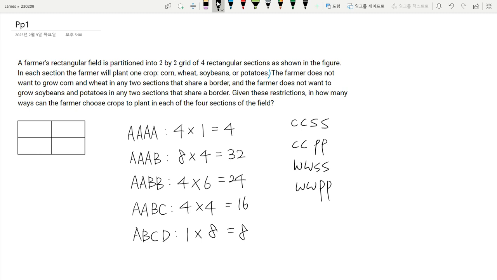And if we want to use three crops, if we choose two fields for one crop, and the rest is assigned to each of the remaining crops, for this arrangement, we have like this.